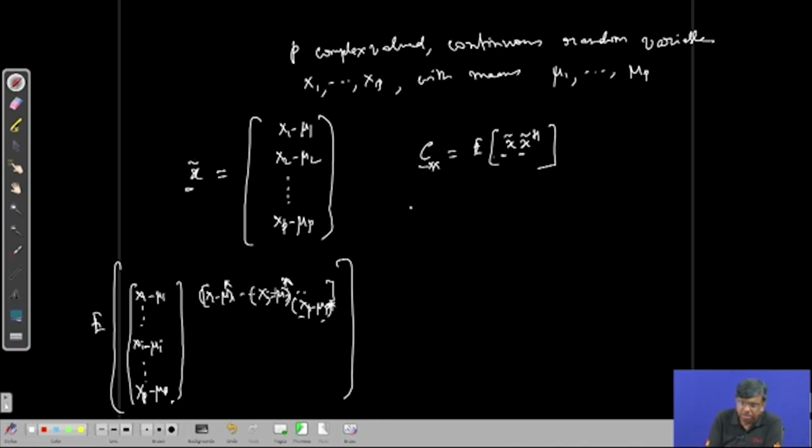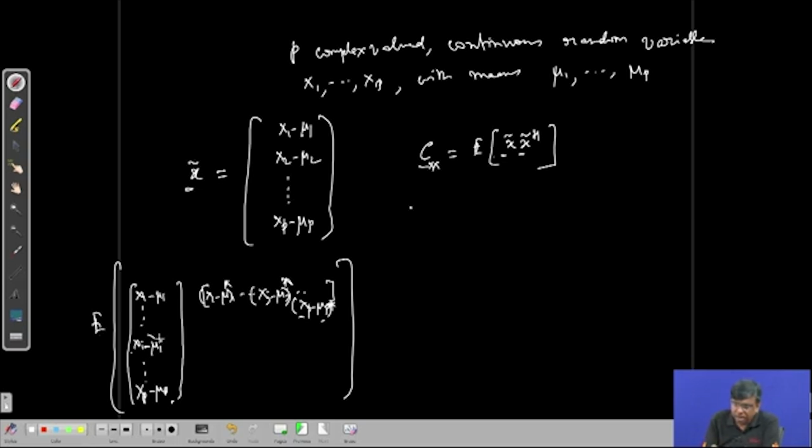This element times this element, because that is how they are formed. This times this will be ith row, first column. This times next will be ith row, second column. This times this will be ith row, jth column, and so on. So these two multiplied and E will have only xi and xj in the subscript, other variables will drop off.